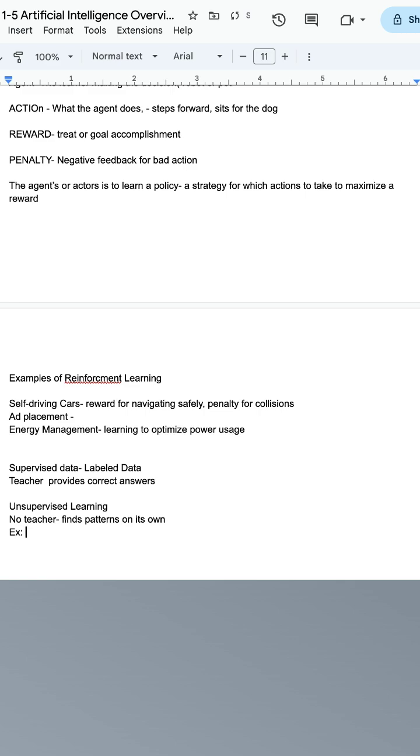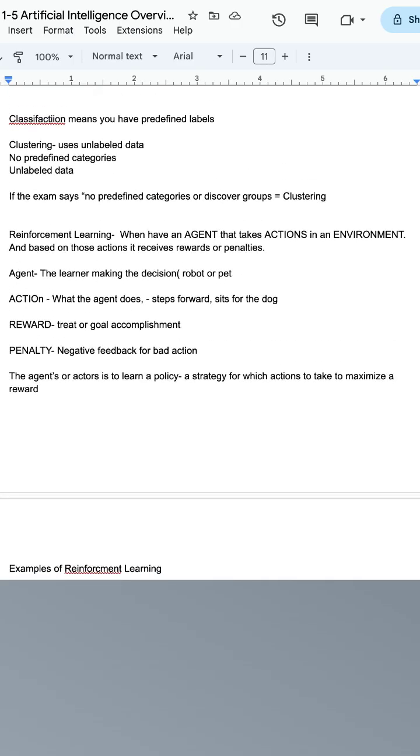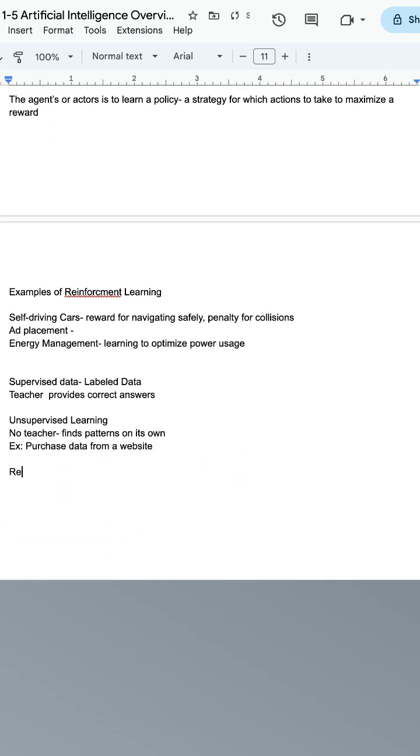The example we use for this is when we use purchase data from a website, and then the unsupervised learning agent creates clusters or groups. Lastly, we have reinforcement learning, which would be if you're teaching a dog to sit, you reward it.